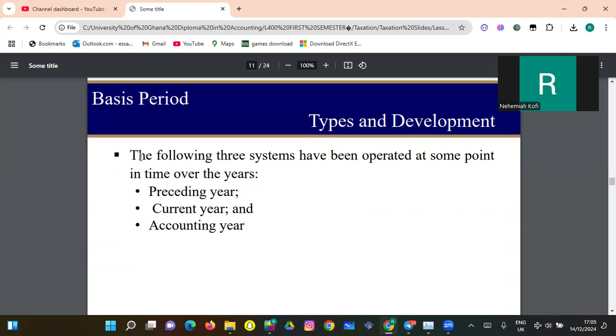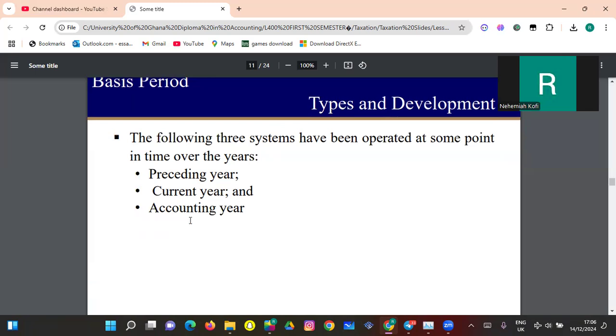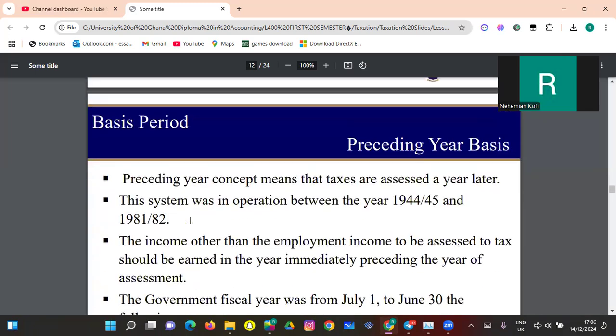So these are the types. In the previous times we were using the preceding year way of assessing people, and then we move on to the current year, and Ghana is currently using the accounting year to tax.